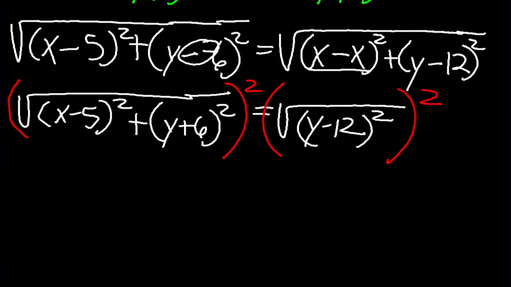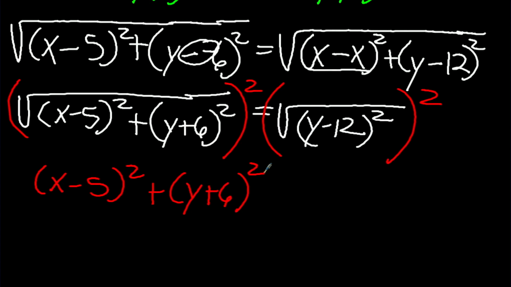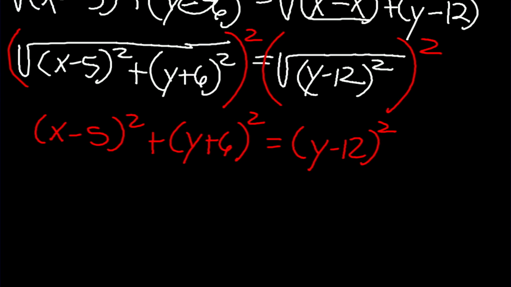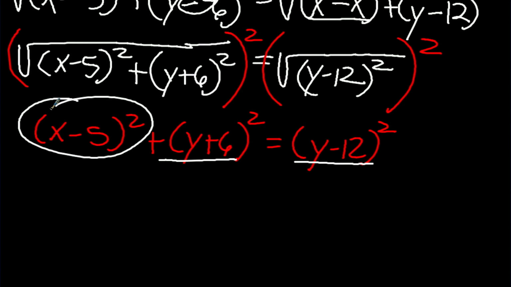So when I do that, the square eliminates the square root, and I'm left with (x minus 5) quantity squared plus (y plus 6) quantity squared is equal to (y minus 12) quantity squared. Now notice, on both sides, I have a y term. So I want to expand both of those, and I'm going to leave this one the way that it is.